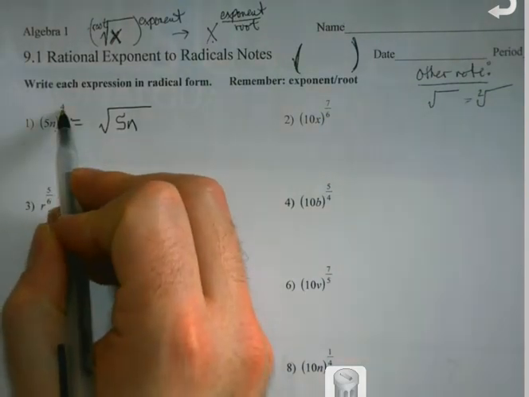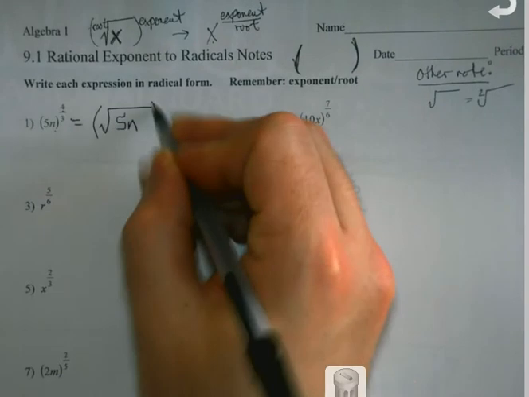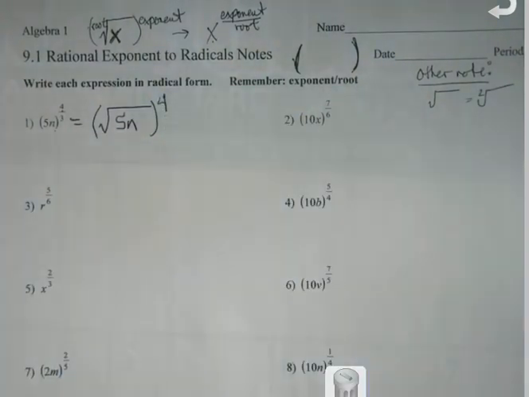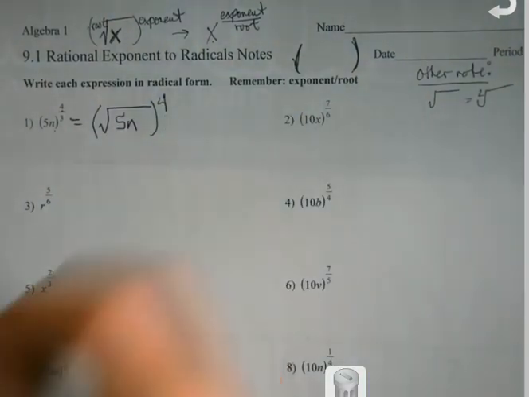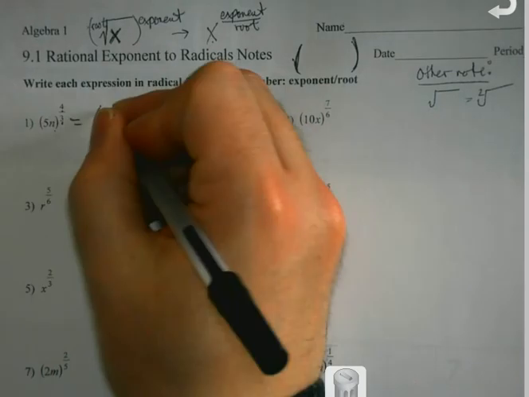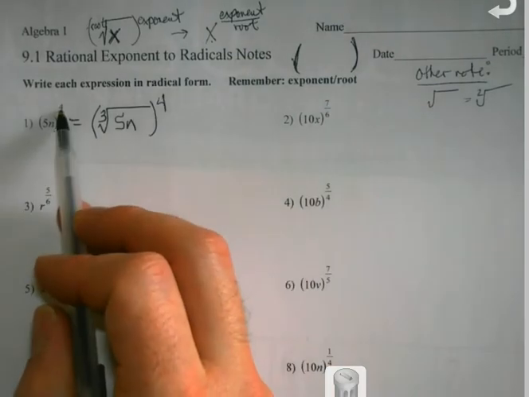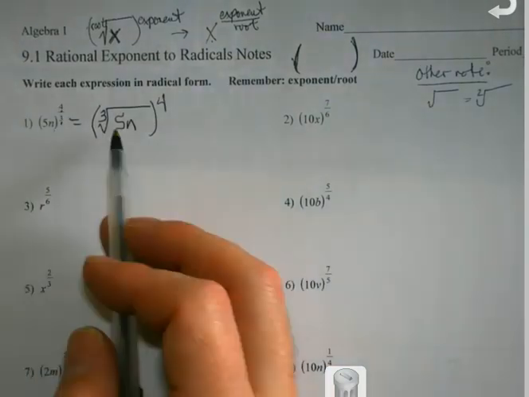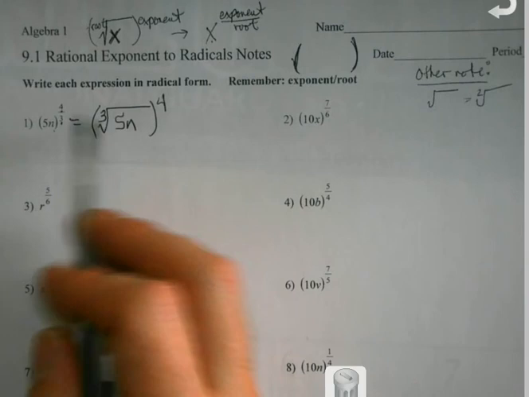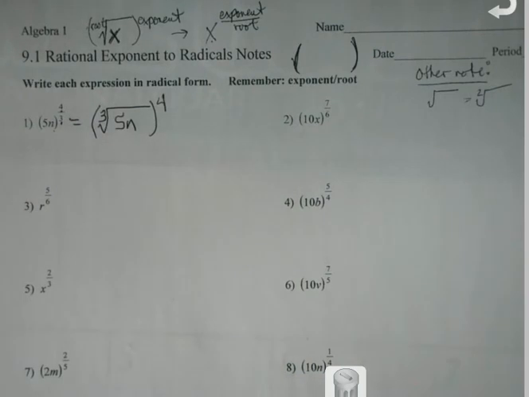Whatever's on top is my exponent, so I'm going to put that outside as my exponent, and my root is going to be the little number that goes in here. And that's all you've got to remember with this. Exponent goes outside, and it's my top number. Root goes in that little spot in there, and it's always the bottom.